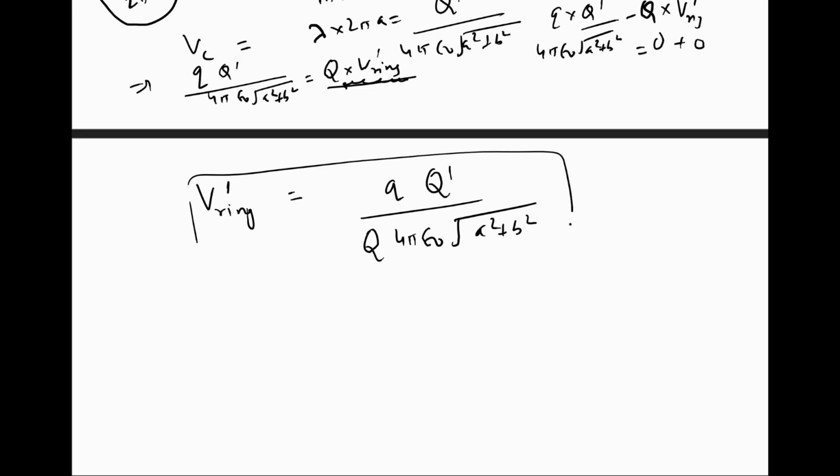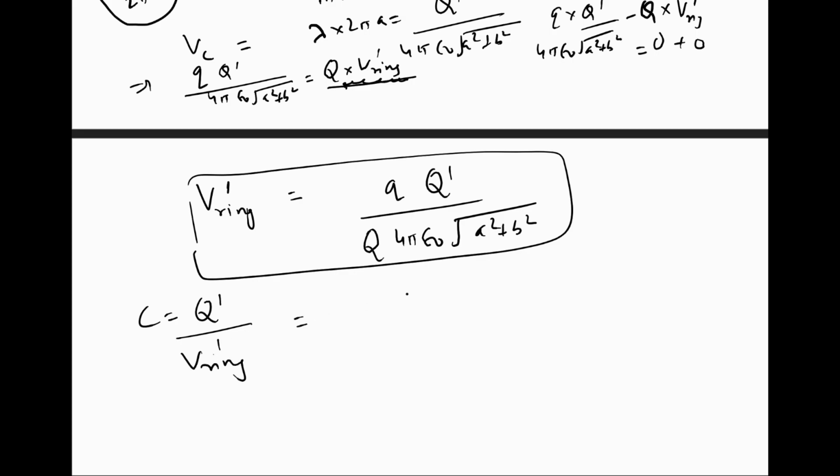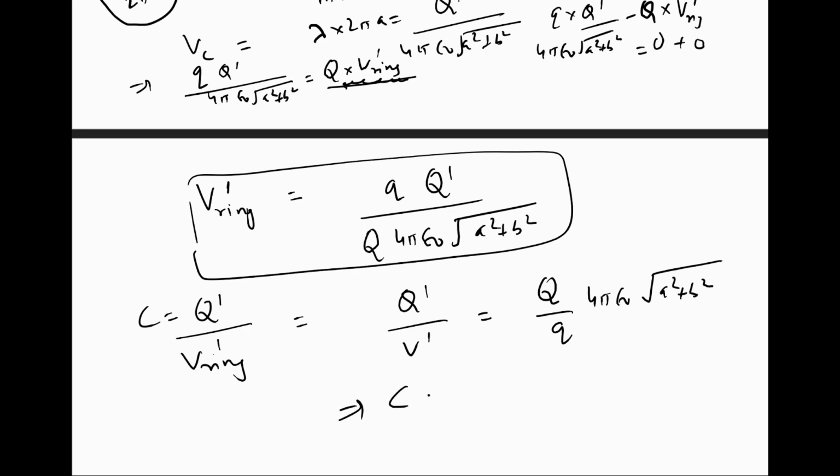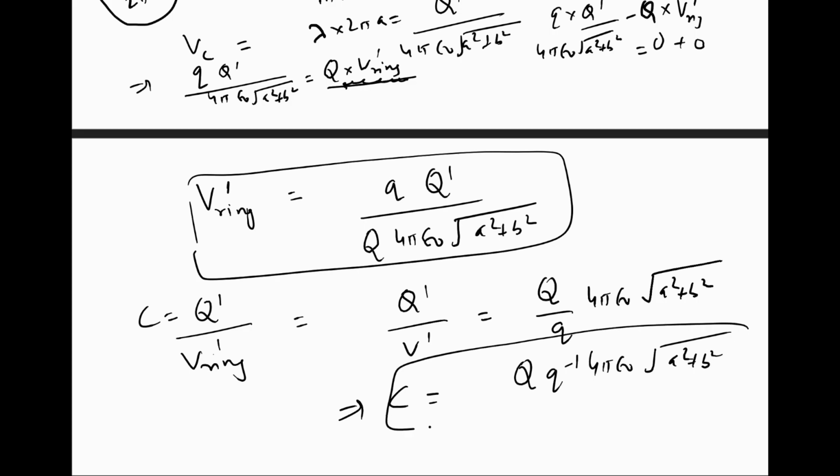Now we know that the capacitance of this isolated ring is given as C equal to the charge when it is isolated over the potential when it is isolated. So Q dash by V dash is equal to Q by Q 4 pi epsilon naught square root of A square plus B square. So you can see that the capacitance of this conducting ring is Q inverse 4 pi epsilon naught square root of A square plus B square, which we wanted to prove. So hence we have proved.